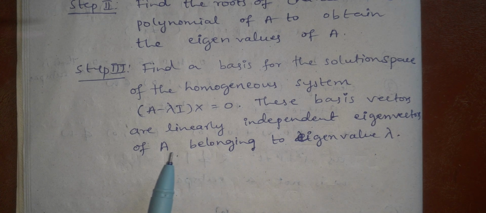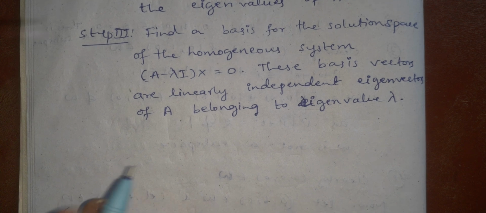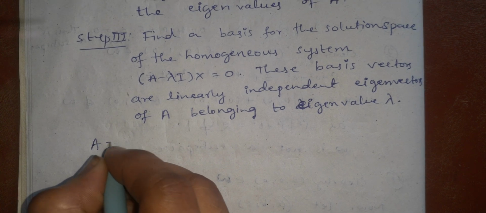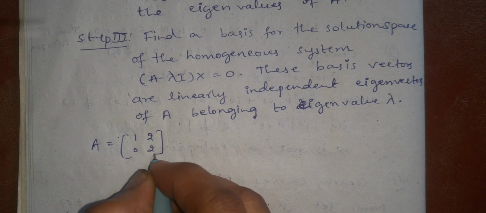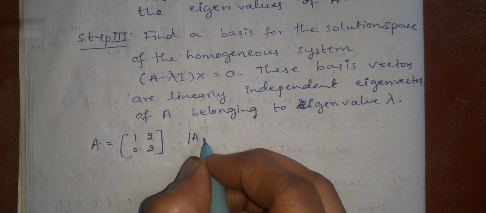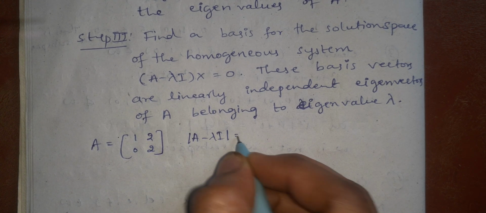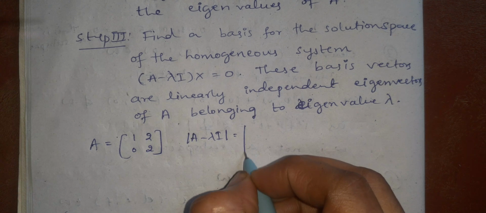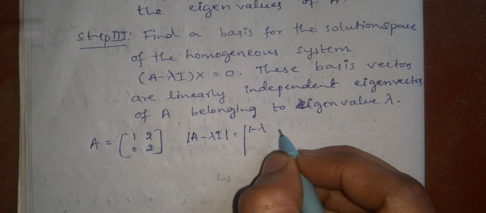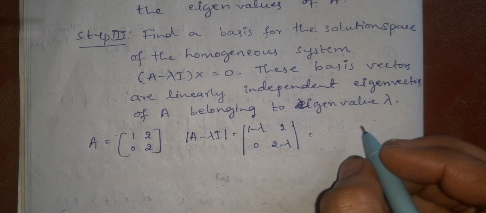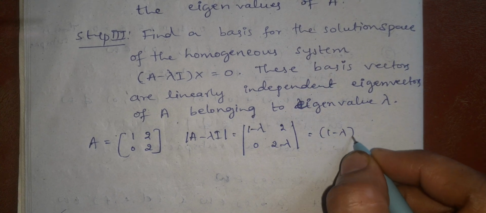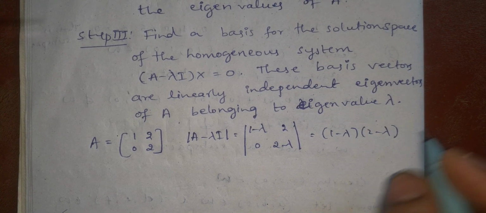So what we have to do? First we have to find the characteristic polynomial of A. Given A is equal to [1, 2; 0, 2]. Now the determinant of A minus lambda I is the determinant of [1 minus lambda, 2; 0, 2 minus lambda]. So you will get (1 minus lambda) into (2 minus lambda).